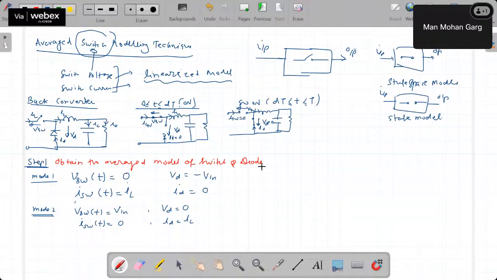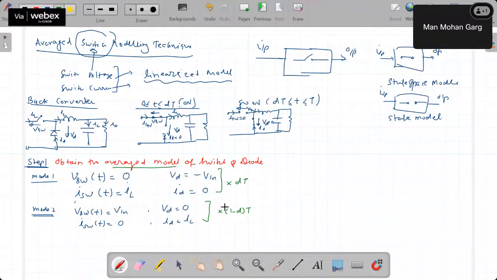Now the next step is to average it over one switching period. So we know that this is valid for D into T period, and this is valid for 1 minus D into T period. Now if we want to find the average model of switch and diode, what do we do?